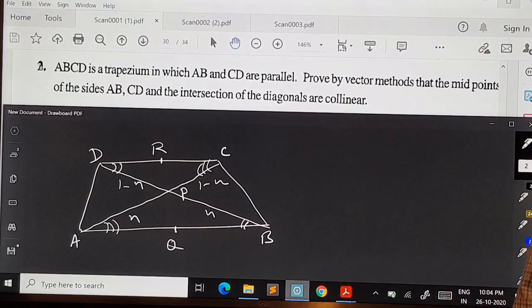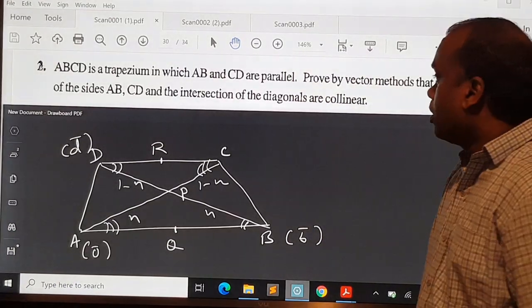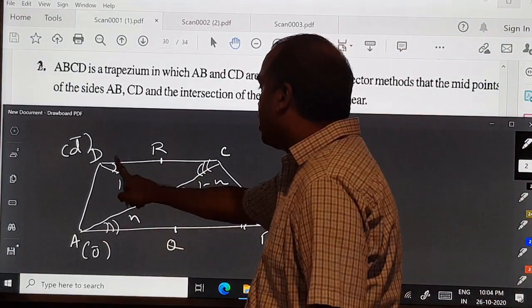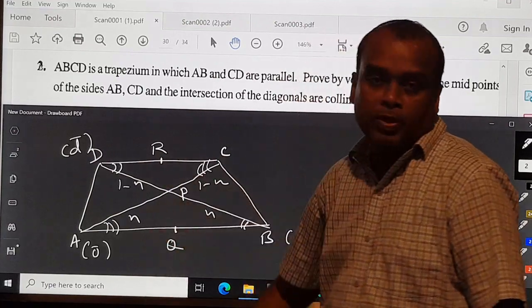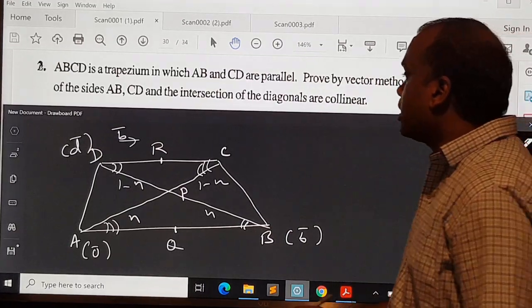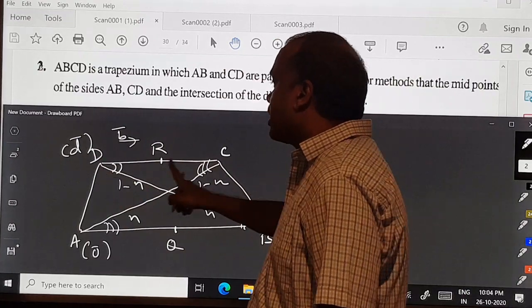Now, if I choose A as the origin and B as B bar and D as D bar, then I want you to observe that this vector is B bar. A vector along this line will be B bar. So B bar is a vector along this line. So now what I am saying is I can write equation to this line.